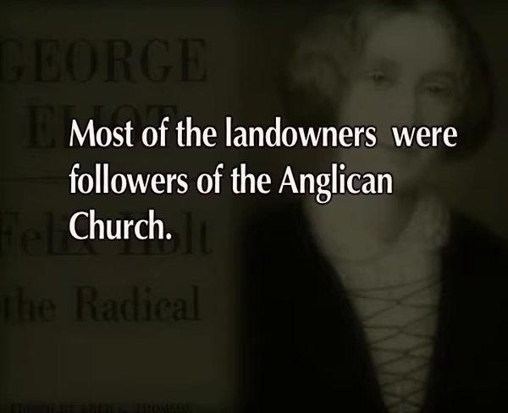Now, let us examine the role of religion in Felix Holt the Radical. George Eliot's novel depicts the influence that the affairs of the church had on the national politics of England. Most of the landowners in England were followers of the Anglican Church, while the poor were a part of the puritanical churches.